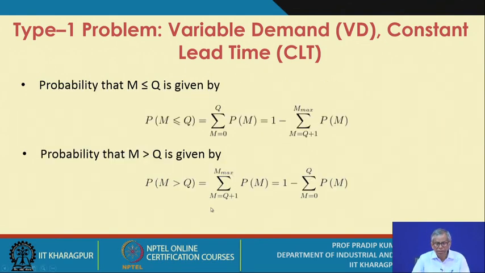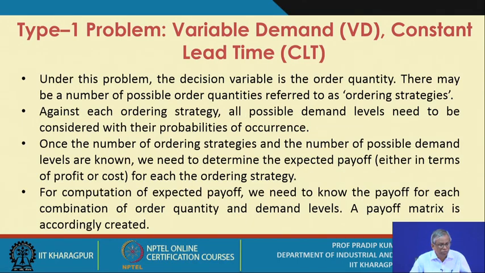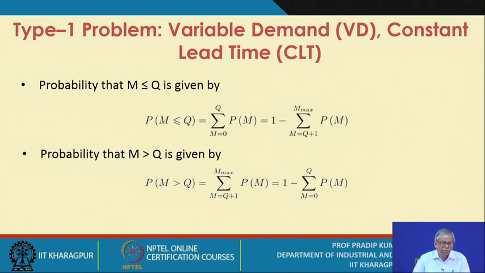As you come to know, there are two sorts of situations. One is where the demand is not known with certainty but is known with risk. That means the probability distribution of demand is known. So the probability that M, the demand, is less than or equal to Q, the order quantity, is given by these notations you need to use.